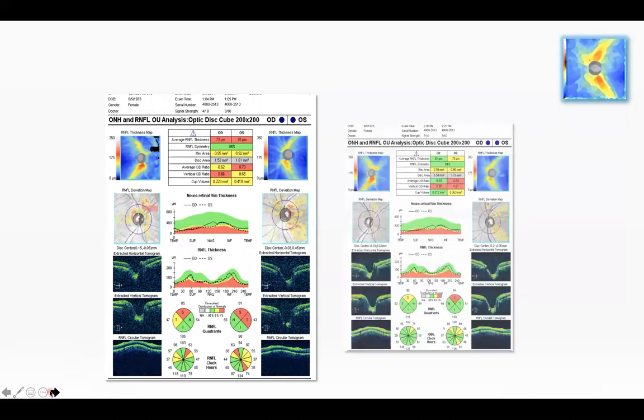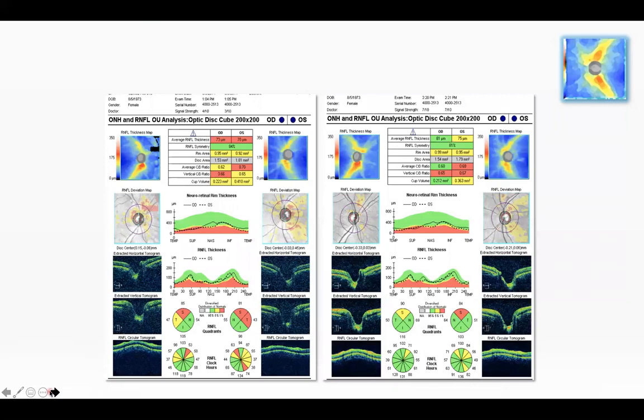This is an OCT with a lot of RNFL defects and low average RNFL thickness values. If you can read it, it's 73 and 70 in the right eye and in the left eye. In the rescan of the same patient, now we have a much better OCT with thicker average RNFL values, which are now in the normal range for the right eye and borderline range in the left eye.